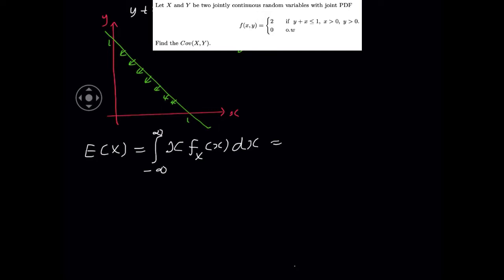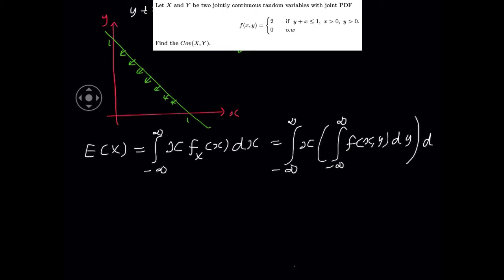Since we have the joint density function, we can write f_X(x) as the integral from negative infinity to positive infinity of f_XY dy, then dx.